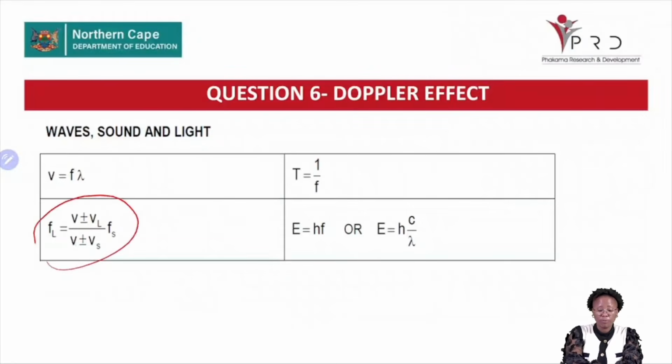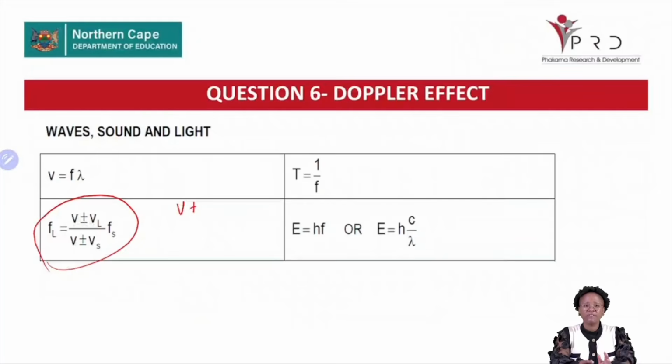Now, the most important formula is the Doppler effect formula. Remember, you copy the formula as it appears on the data sheet with both signs. When do you start choosing the signs? When you are doing your substitution. Remember, when the source is moving towards you, the sign on top will be positive, and the sign below it will be negative.